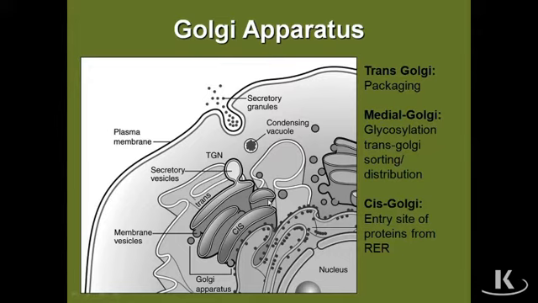And by the time the proteins reach the trans face, the packaging of them has occurred after sorting. And if they're going to be packaged for secretion, typically the newly synthesized protein will be incorporated into a membrane-bound secretory vesicle that will then move and fuse with the extracellular membrane of the cell, and the secretory granules will be extruded by exocytosis.